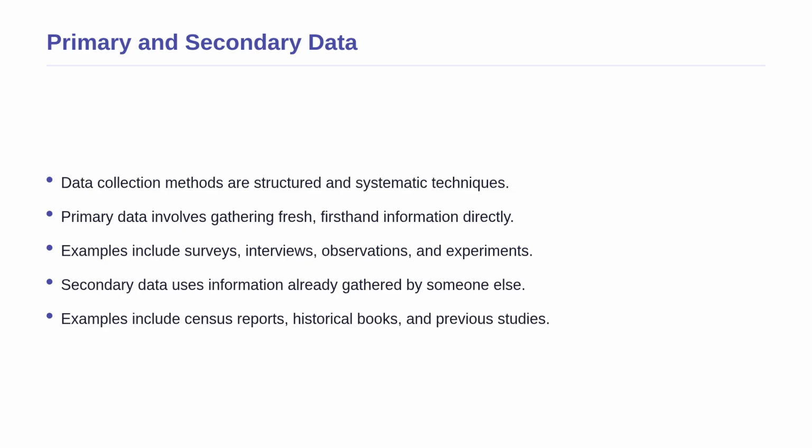On the other hand, secondary data collection means you are using information that someone else has already gathered. This could be government census reports, historical books, or previous scientific studies. By understanding both approaches, a researcher can choose the most efficient and accurate way to find the truth for their specific project.